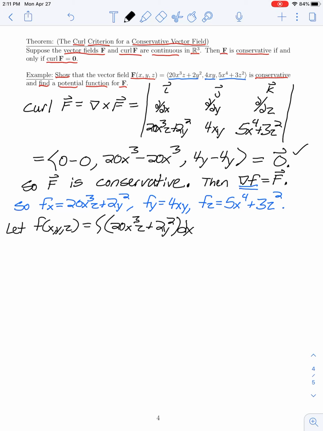Finding the antiderivative with respect to x, we would have 5x to the fourth z plus 2xy squared plus some constant with respect to the variable x.